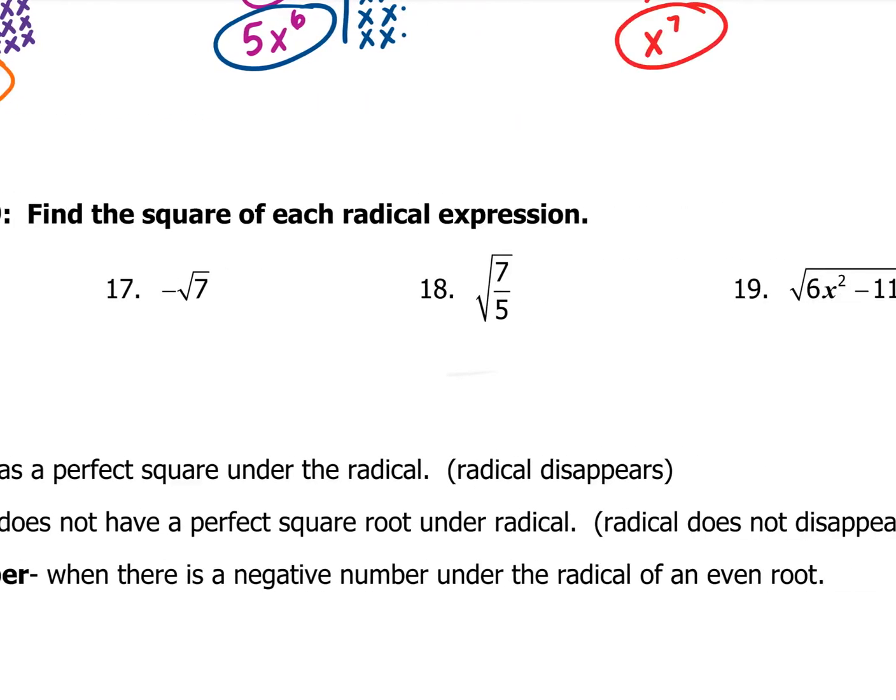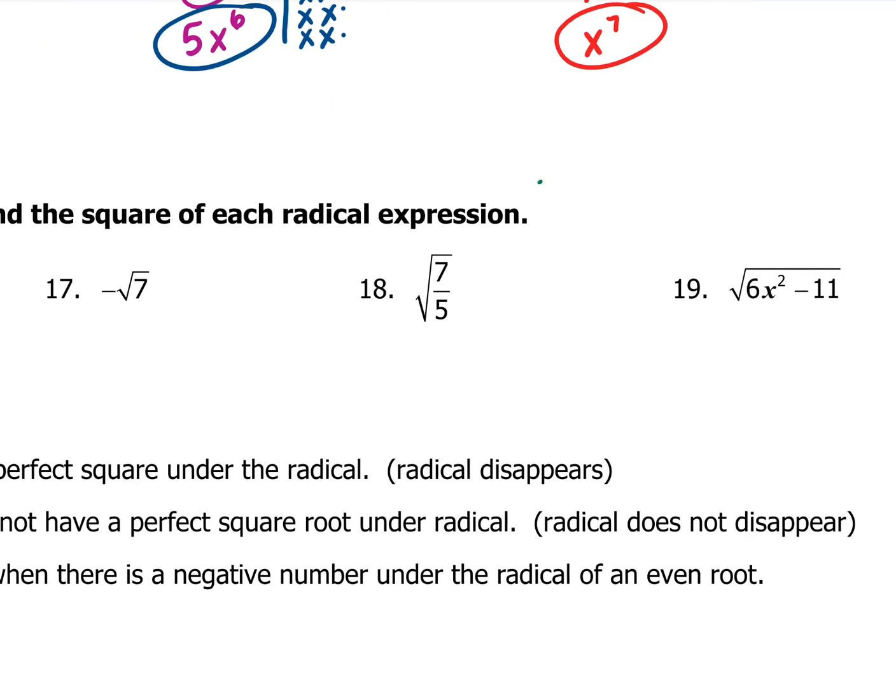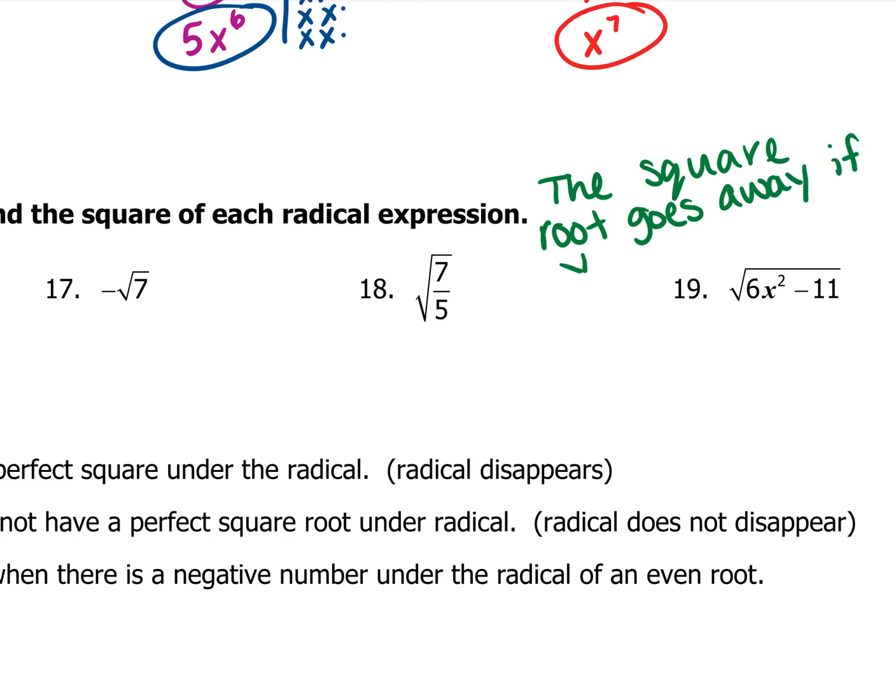So write down way over here, the square root goes away if you square the number, or if you square it, it's going to go away every single time. So whatever is inside of the radical, that's going to be your answer.